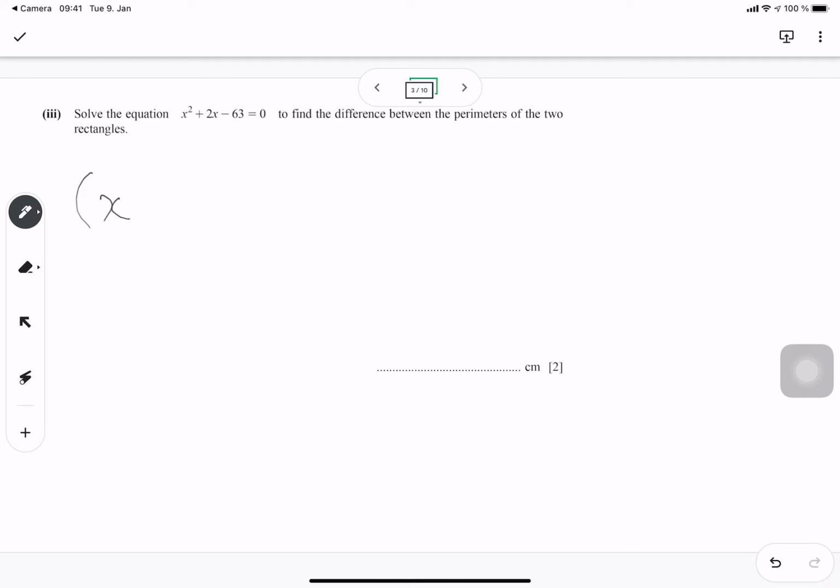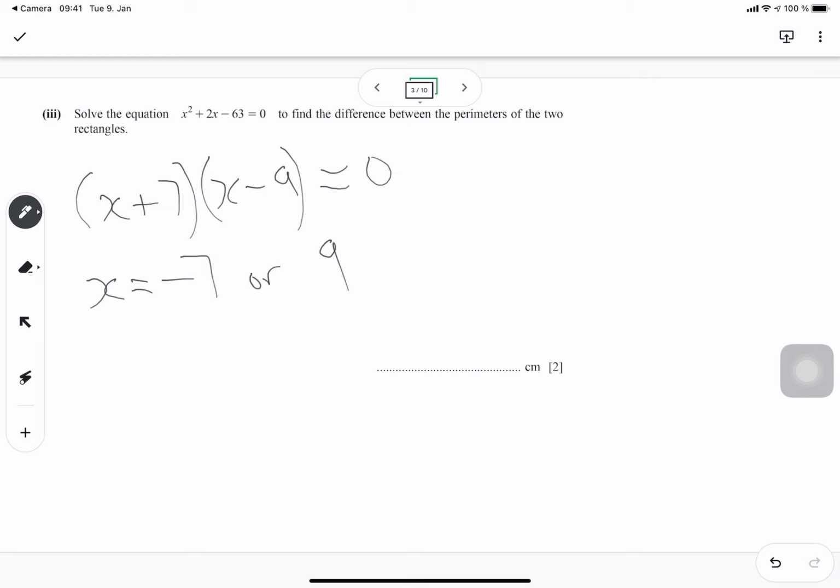So the only difference between this part and the previous part is this is an equation. So either x equals minus 7 or positive 9.